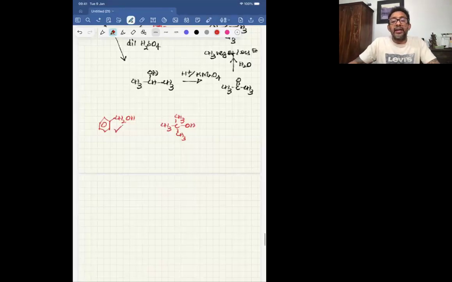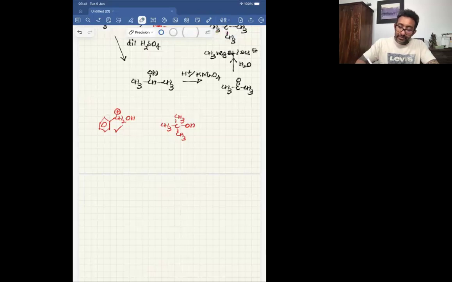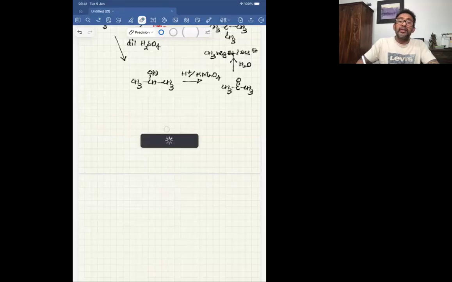Even though it's a primary alcohol, it gives you a very stable carbocation. Right? So that is the one that reacts. Because compared to inductive effect, resonance effect has a bigger effect. Clear? Right, okay.